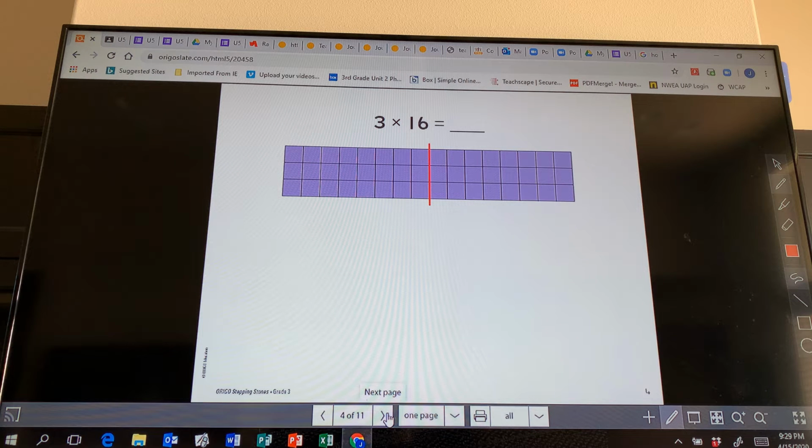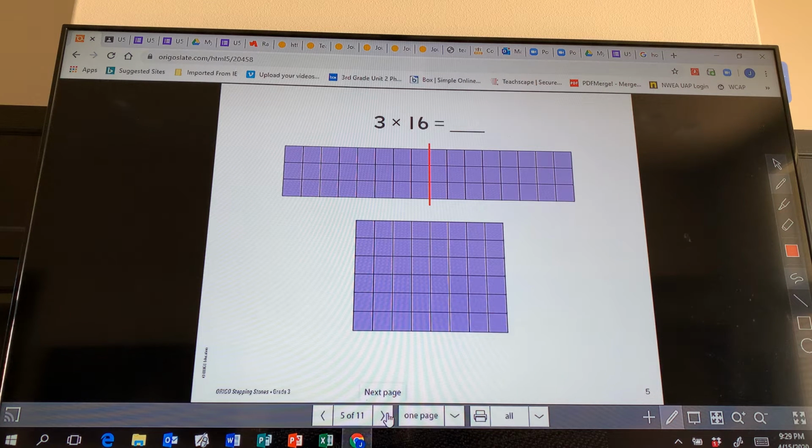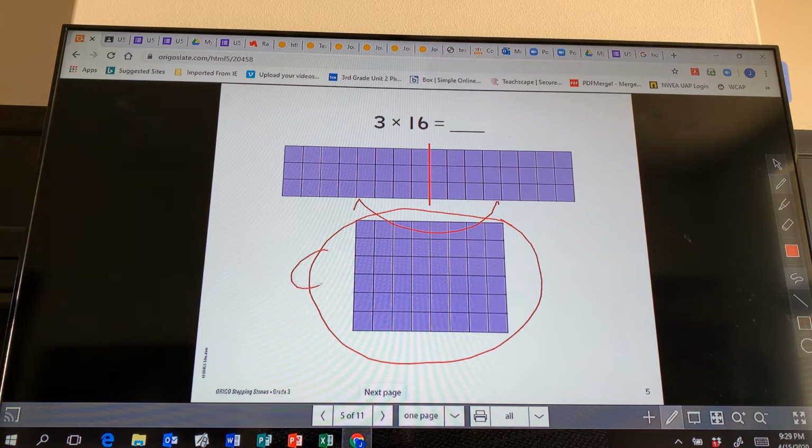So when we divide it in the middle, and then we take that half and bring this piece over to here, it creates this new shape. So this becomes 6, and now this becomes 8. So this is an easier multiplication problem for your child to solve.